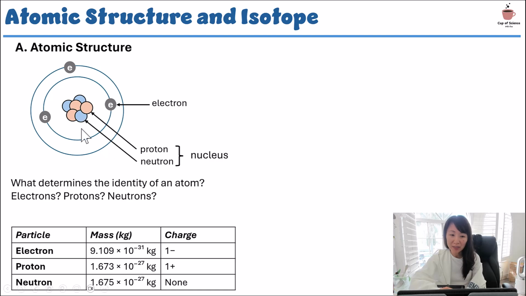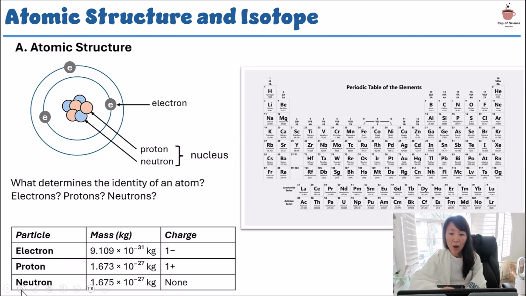How do we know that this is lithium? It's actually determined by the number of protons. Proton is the one that tells me that this is lithium. How? There are 1, 2, 3 protons in this image, and you look at the periodic table and look at this corner number.